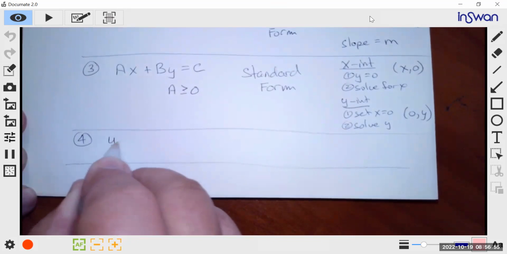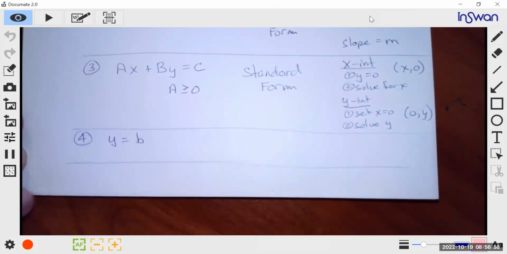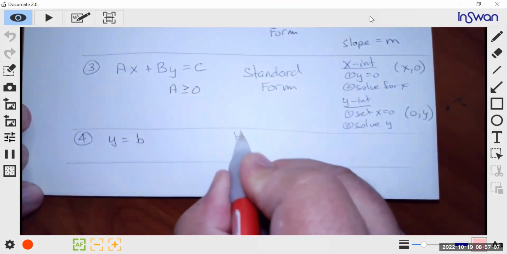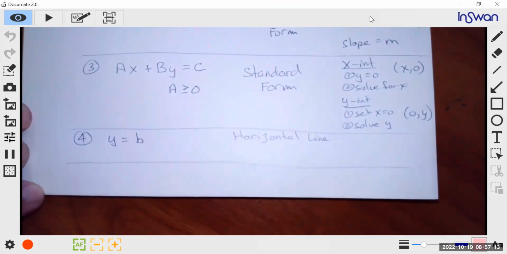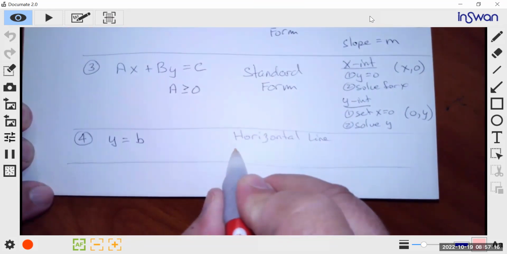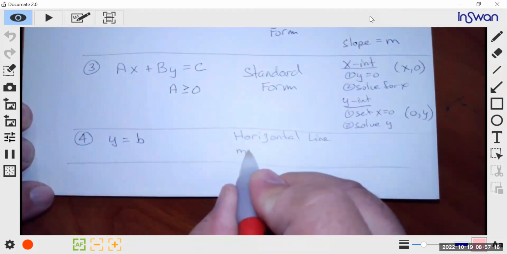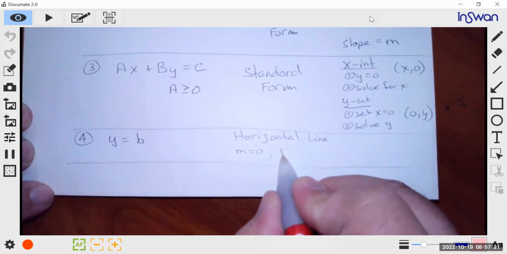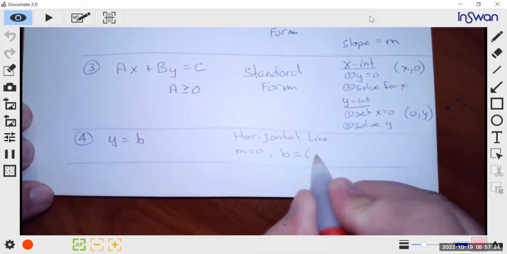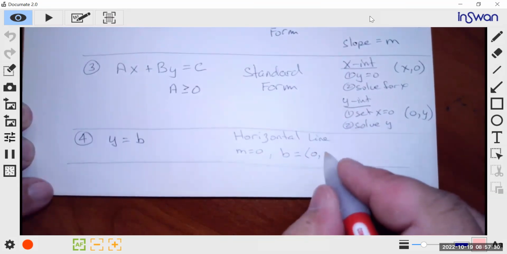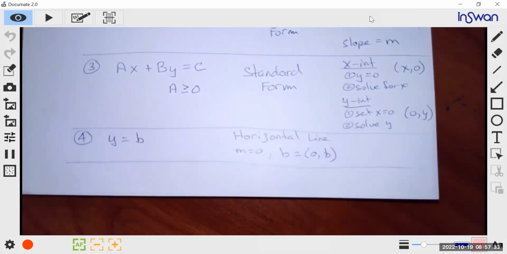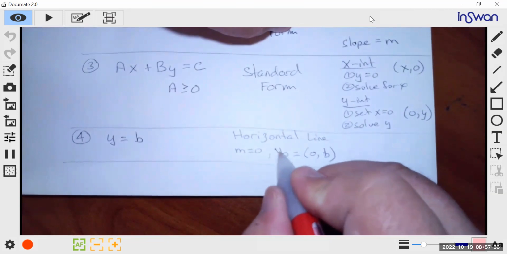The next one, y equals b. Since there's no x value in there, this is the equation of a horizontal line, where the slope is 0 and the y-intercept is at (0, b).